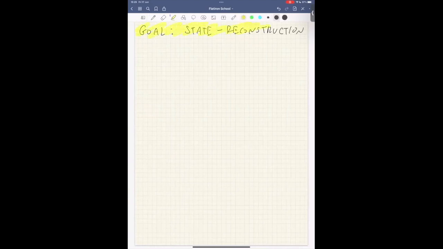State reconstruction means that I would like to find a state, let me call this a state psi, that is as close as possible to the state phi that the experimentalist has prepared.